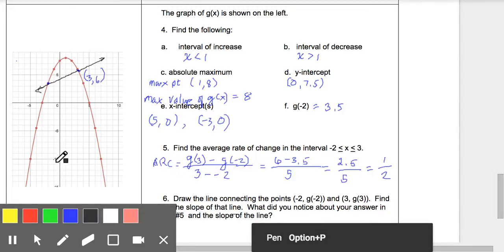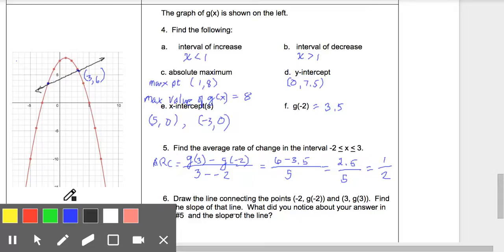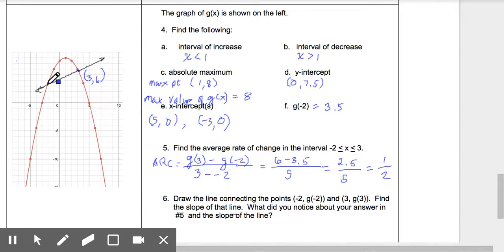To find the slope of this line, we need to go from one point to the other. So let's start with this point, and we need to go to this other point by going up and then going to the right. So how much do we go up? This is in the middle, so we make half a step and then 1, 2.